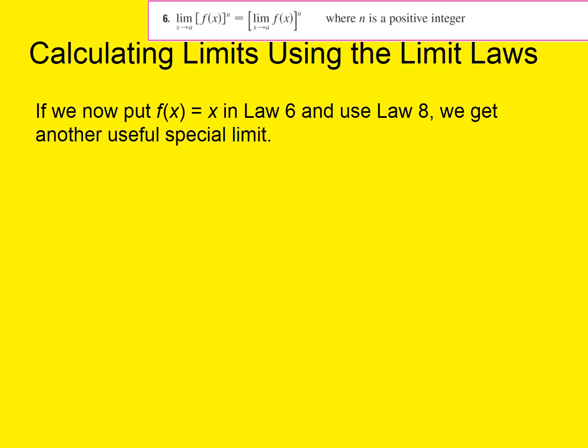If we now put f of x equals x in law 6 and use law 8, we get another useful special limit. So this f of x right in here is the identity function again, just x.